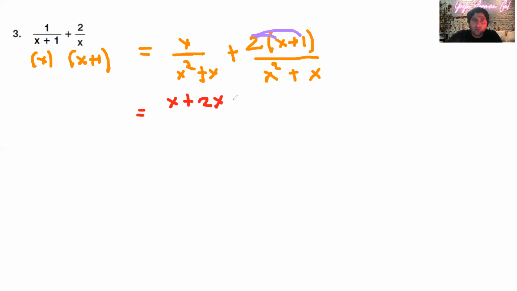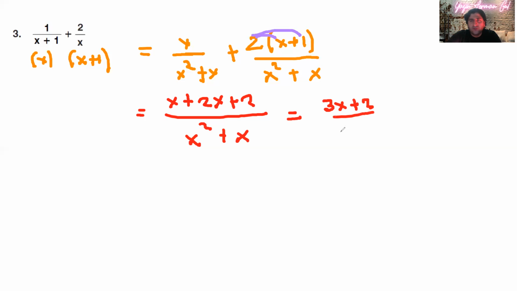Then 2 times 1 will be 2 over x squared plus x. And that equals to what? x plus 2x will be 3x, plus 2. So 3x plus 2 over x squared minus x. So this is going to be my answer.